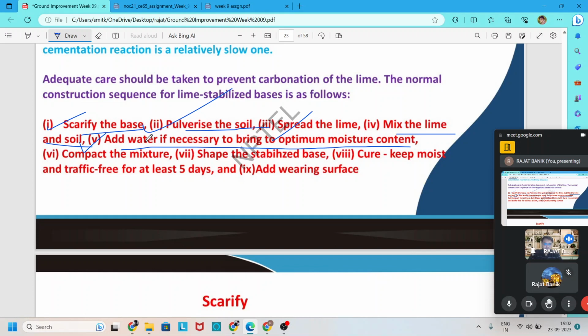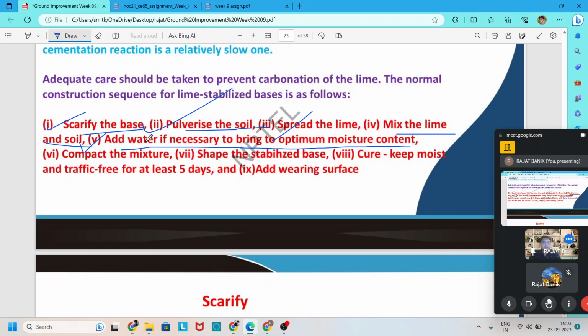Then the most important stage is curing. Keep it moist and traffic free for at least 5 days, and after that add the wearing surface. During curing, no traffic load is applied onto the surface, and the moisture content should be maintained.